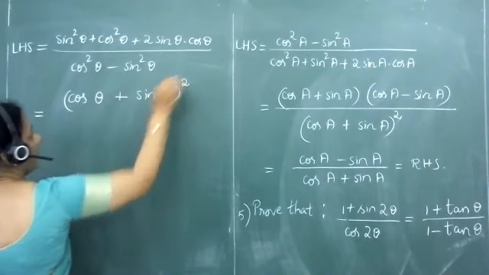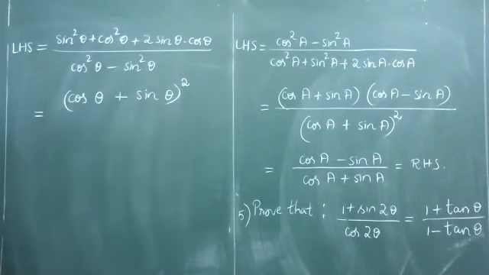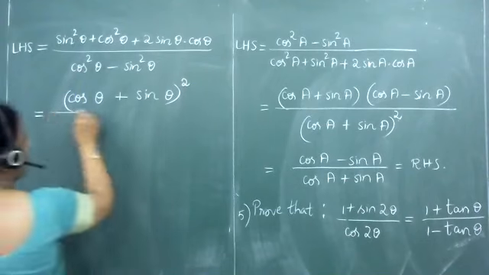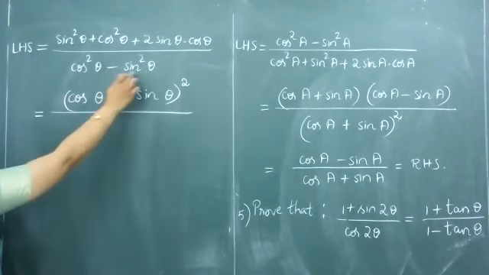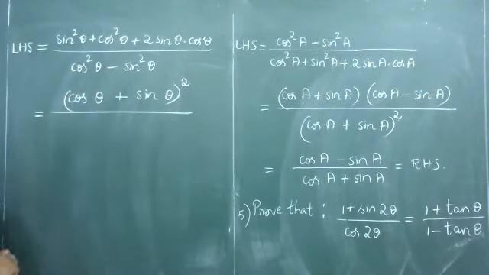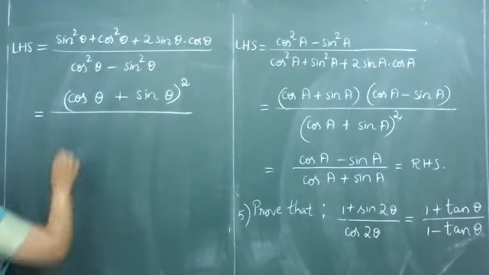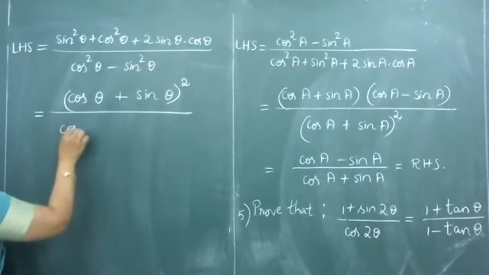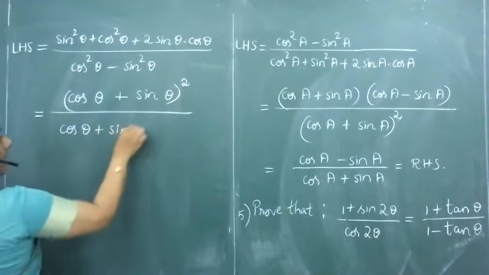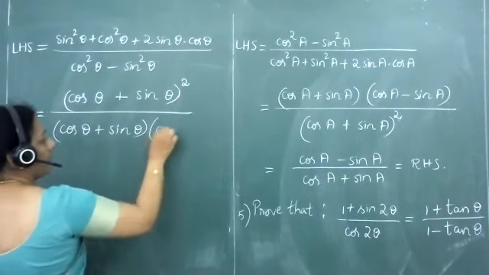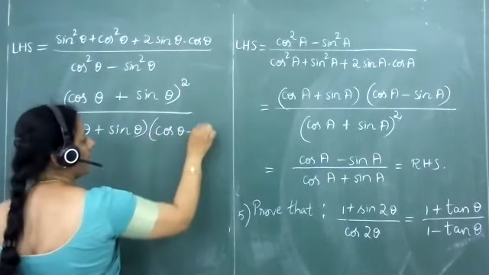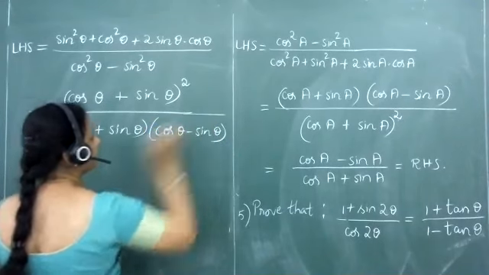So the numerator will now be rewritten as cos theta plus sin theta the whole square, and in the denominator we have a quadratic expression cos squared theta minus sin squared theta, which is in the form a squared minus b squared. That gets factorized as cos theta plus sin theta multiplied with cos theta minus sin theta.